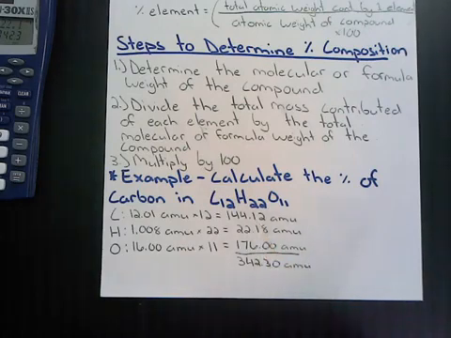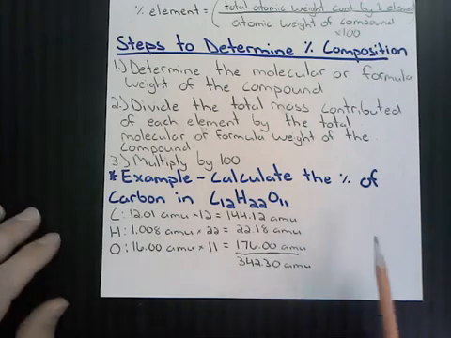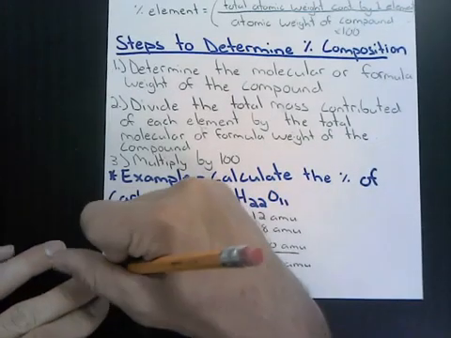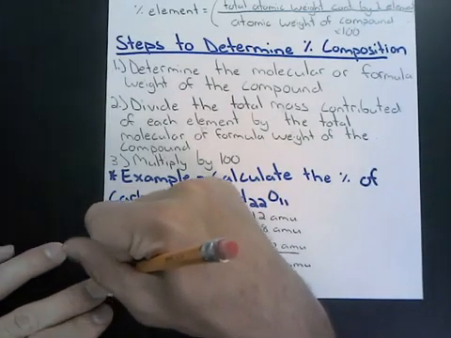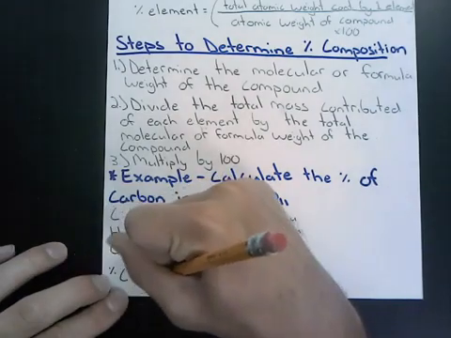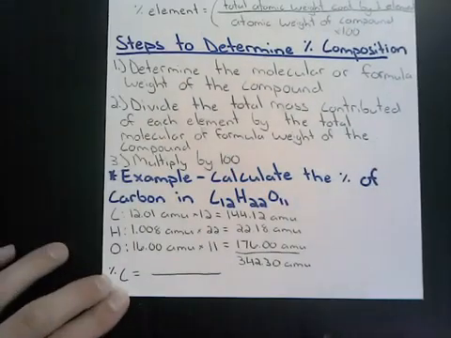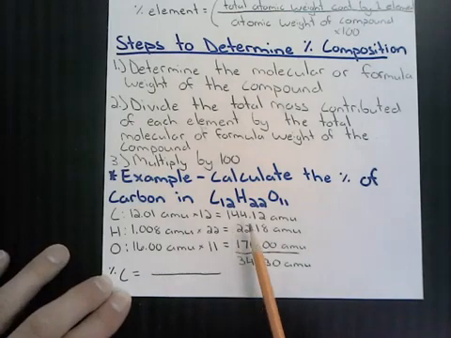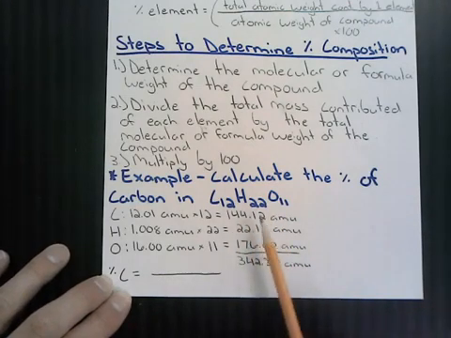Okay, so that's our overall weight for our sugar compound here. Now, we only want the percent of carbon. So to find the percent of carbon, we need to take the mass of carbon, or that carbon contributed.